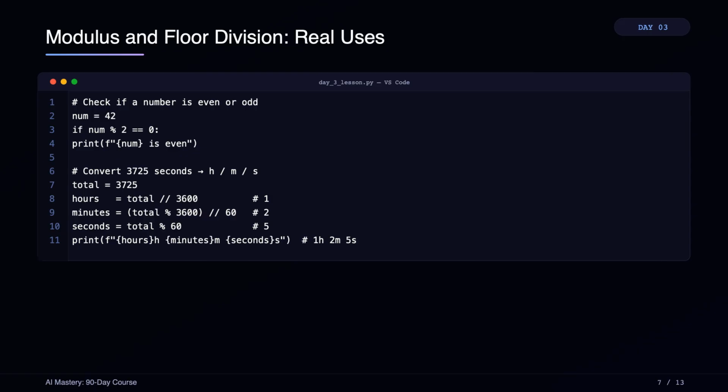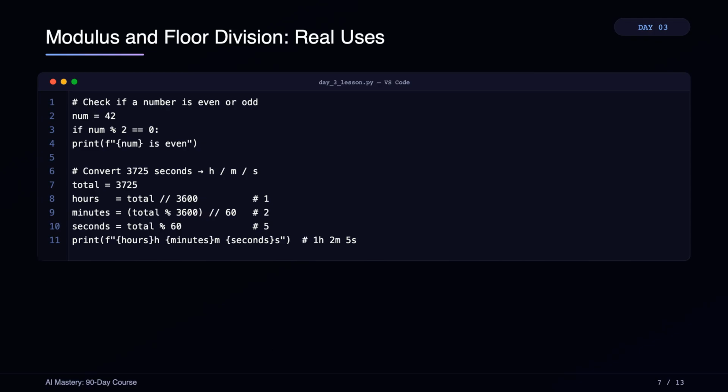Then to find the minutes from those 125 remaining seconds, you floor divide 125 by 60 to get 2. And the remaining seconds are 125 modulus 60, which gives you 5. So 3,725 seconds equals 1 hour, 2 minutes, and 5 seconds.